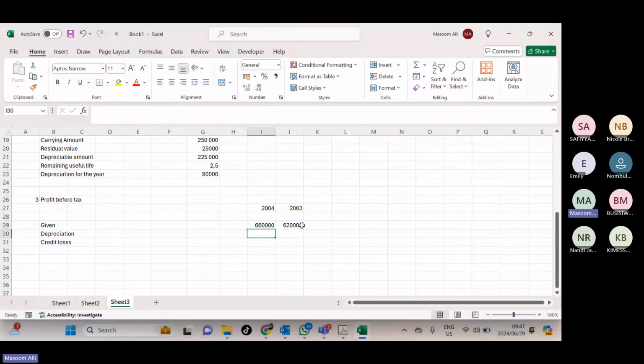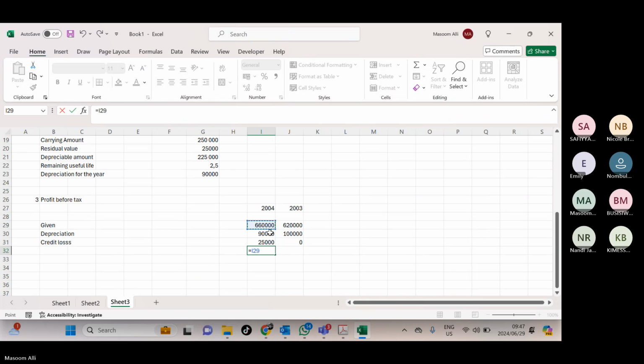And then what is my depreciation? 90,000 there. It was 100,000 there, 25,000 there, 240,000. And this was 0. And then we do our calculation, is equal to that minus this, minus that, giving me 545 and the 520.